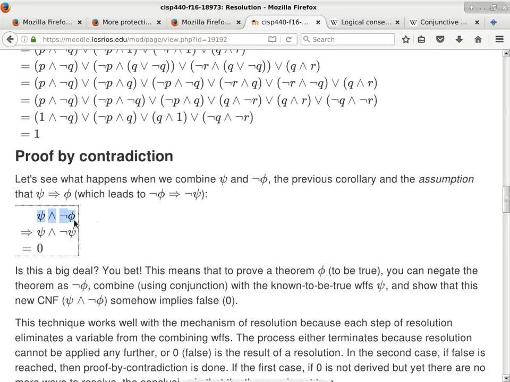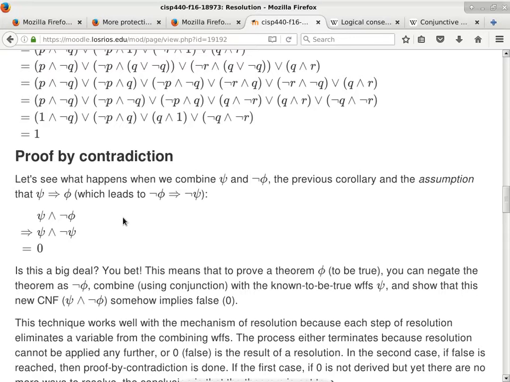So now we can say, what about this thing here? So we are now looking at not phi as, okay, what am I saying? Oh, okay. So this part here, not phi implies not psi comes from here. Is that okay? Let me see if I can.